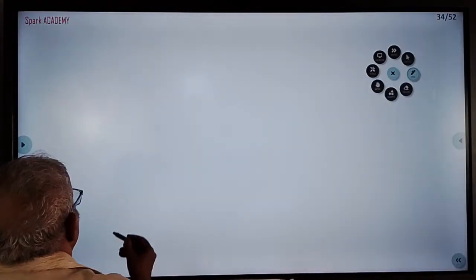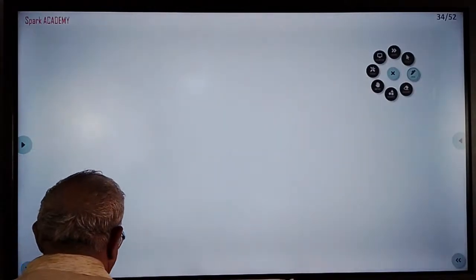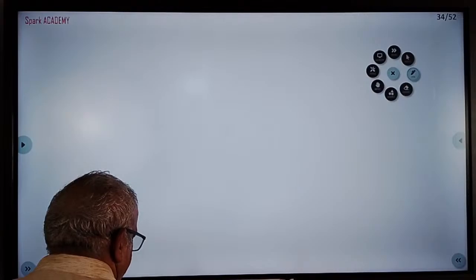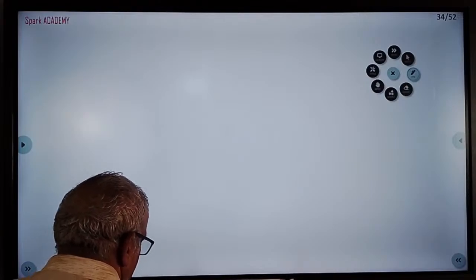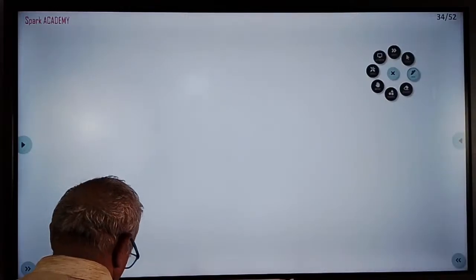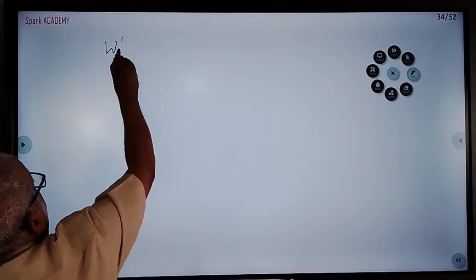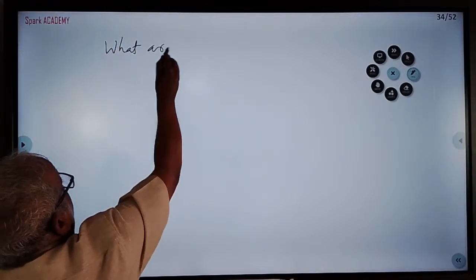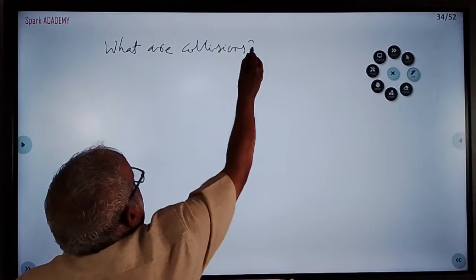Now students, the last question in work energy is: what are the types of collisions? That is a very important one. What are collisions?